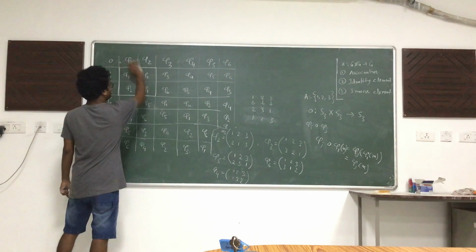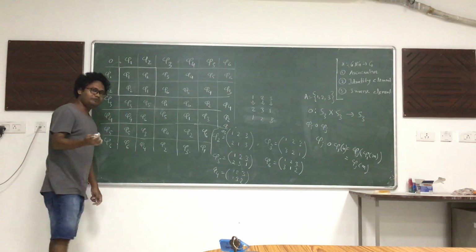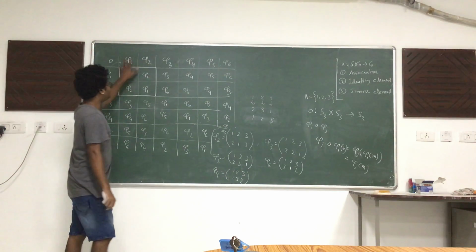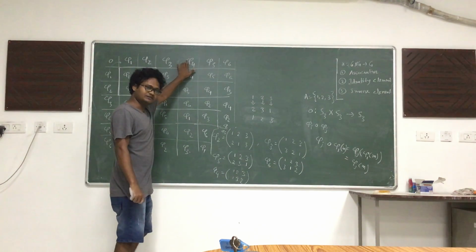Similarly, if we take only φ1 and φ3, that will be another subset which is a subgroup of the whole group. φ1, φ4 will be another subgroup.